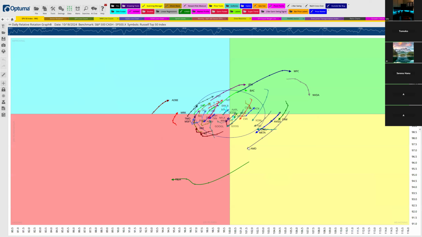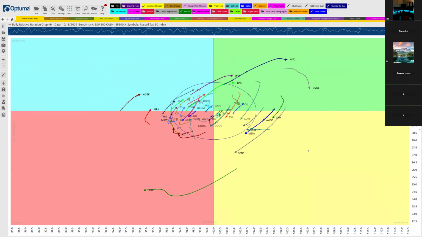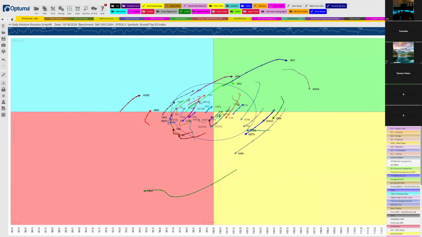Second weakest is AMD now. AMD is gonna give us the opportunity. That's where I'm gonna take another shot. I'm not very lucky on AMD for some reason. I don't know why, I hate this stock.